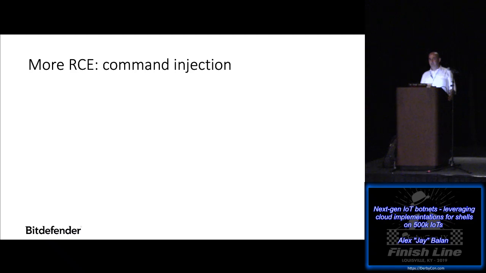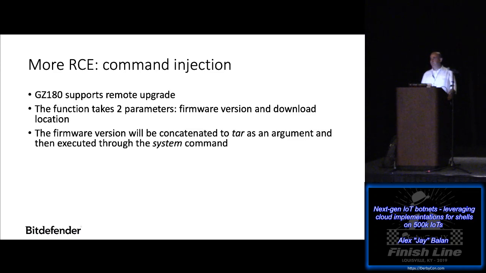Another RCE that we found in another version of their product, I don't have it with me here, unfortunately, is a command injection. The device itself supports remote upgrade. And the way it does that is that you send it an upgrade command with a URL that only needs to be valid because it's going to be parsed by a system command that's going to connect to it and disconnect if it doesn't work.